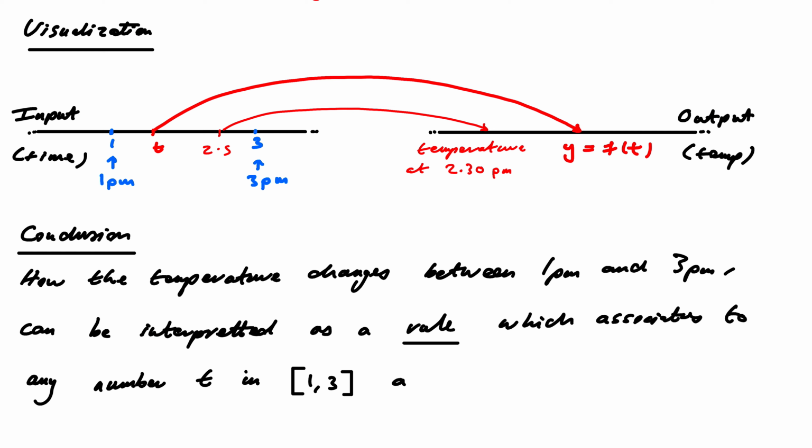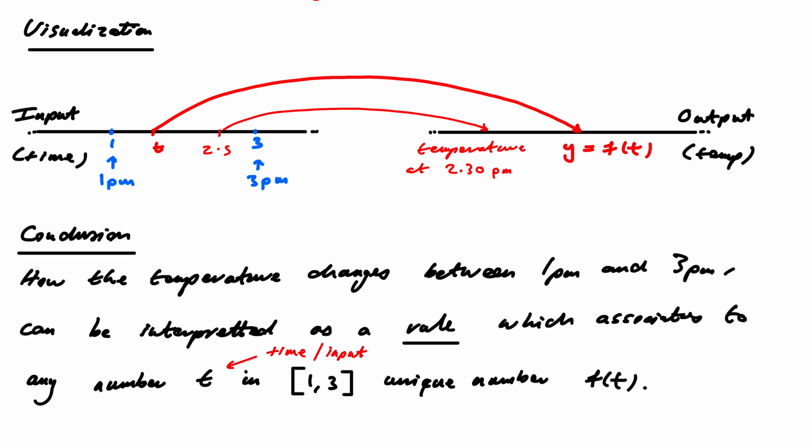A unique number, let's call it f of t. I could label it y as well, and I know I wrote y above, but let's just write f of t here. Let's remind ourselves why: this t is the time, and I can think about that as the input.